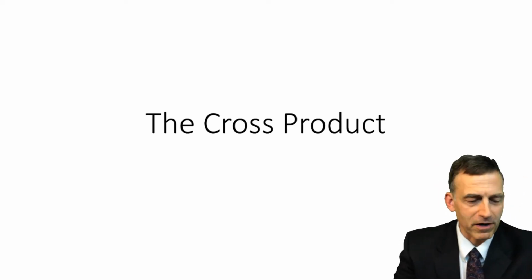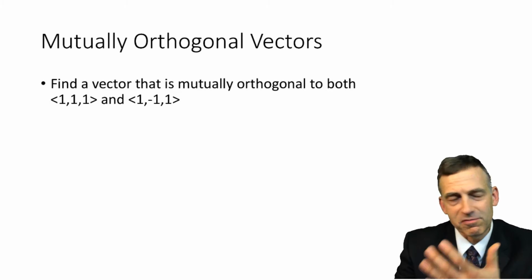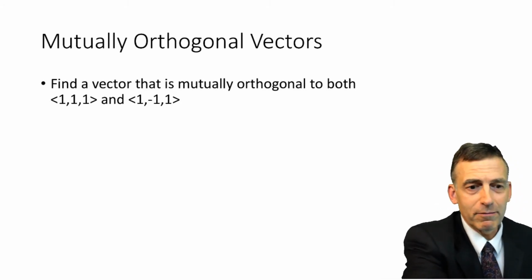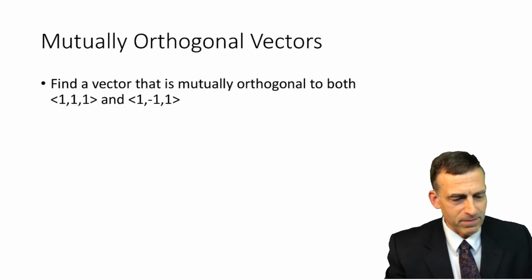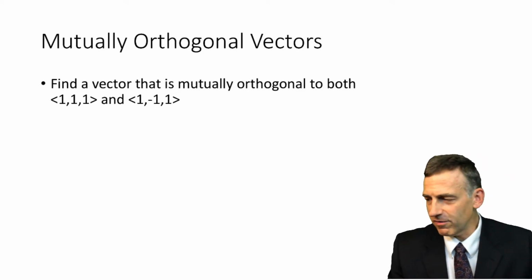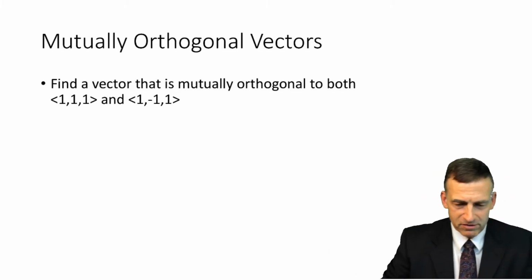So the cross product is a way of finding a vector that is mutually orthogonal to two other vectors. When you first look at a problem like this, you might say, what in the world are you talking about? So let me try to illustrate this.